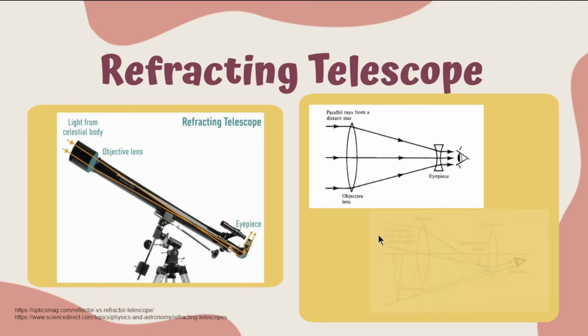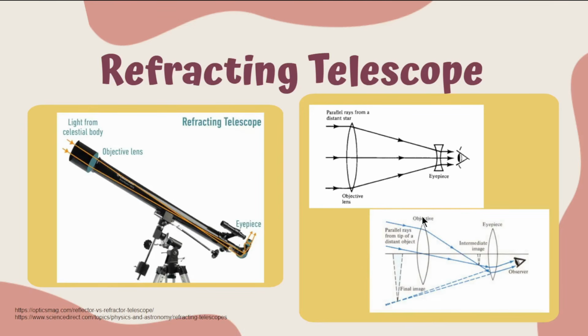Yung mga modern telescopes naman, we have both convex lenses. So, mas malaki yung image na na-form kapag dalawang convex lenses ang ginamit. Ito yung mga modern types of refracting telescope. Ang goal naman ni telescope ay mapalapit yung mga bagay na malalayo. At syempre, pag malapit yung mga bagay na malalayo na yon, lalaki rin yung kanilang image.